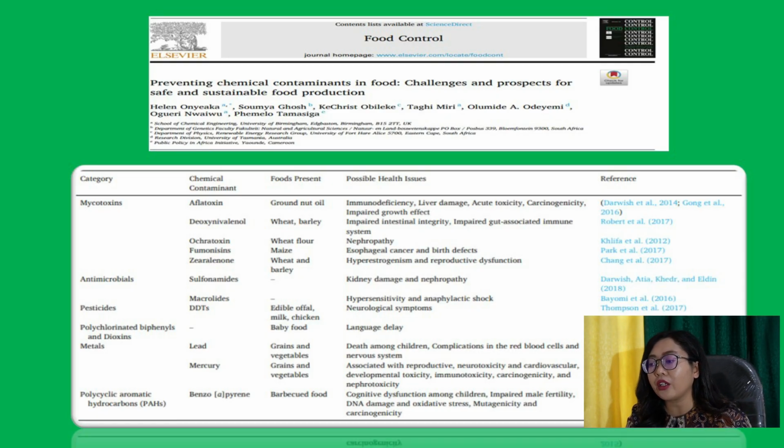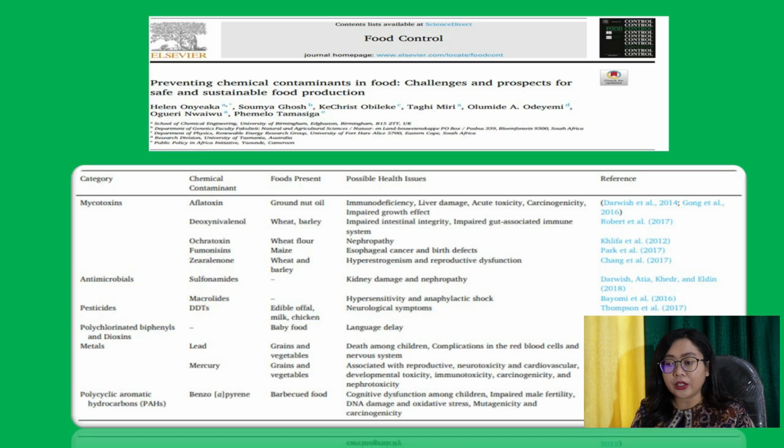Mycotoxins lead to many kinds of disease such as immunodeficiency, liver damage, acute toxicity, carcinogenicity, impaired growth effects, and so on. So there are a lot of diseases caused by these mycotoxins.